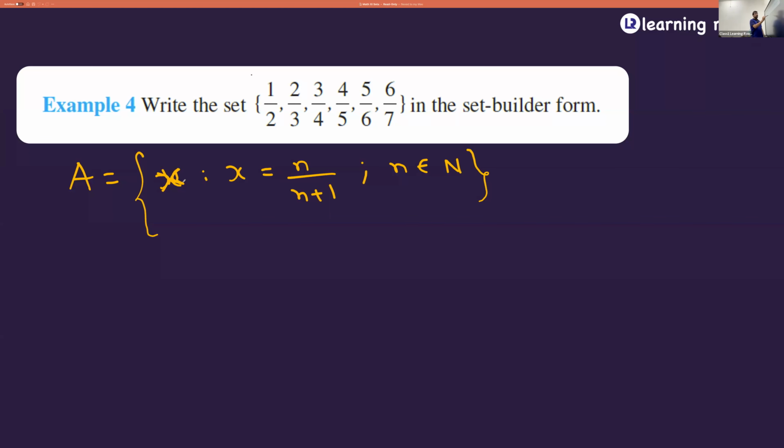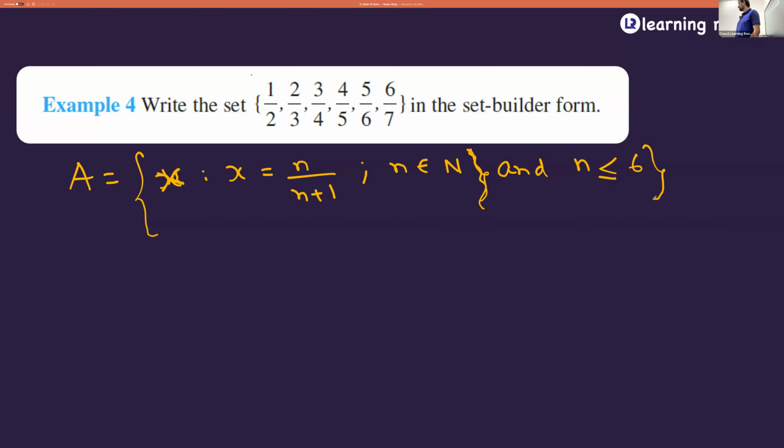But one point to be noted is I should not write it as n belongs to capital N. And n should be less than 7 or less than or equal to 6. Right? Because it's a finite set.